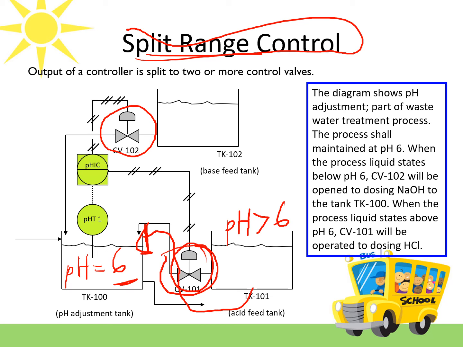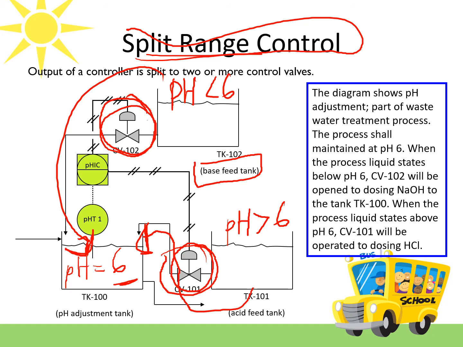But if the pH is lower than 6, the controller will select valve CV102 to open so that sodium hydroxide can be dosed to this tank to increase the pH to 6. So this is how split range control works.